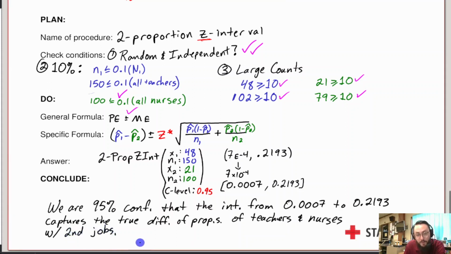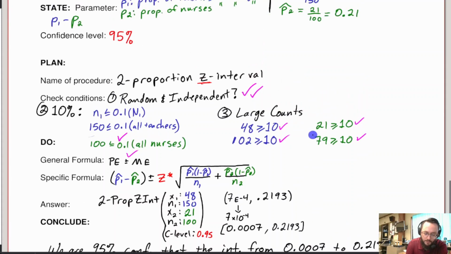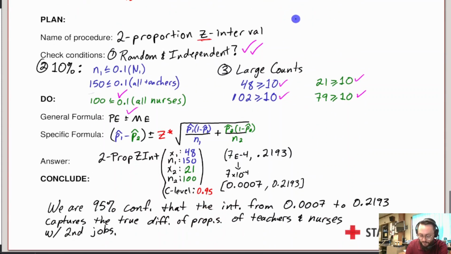Now we might notice these are both positive, which means that our entire interval is positive, which, if you remember from our important ideas, tells us that we are dealing with a situation where p1, the proportion of teachers with a second job, is greater than p2.